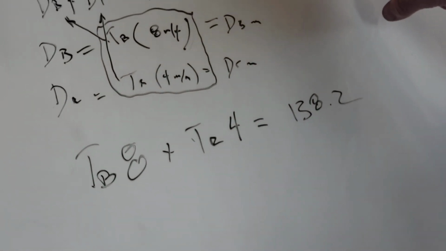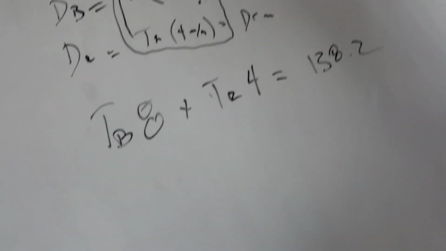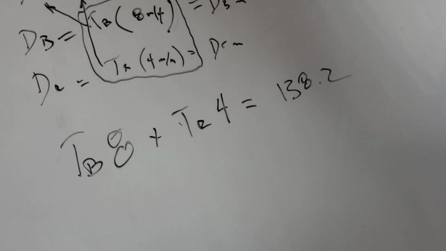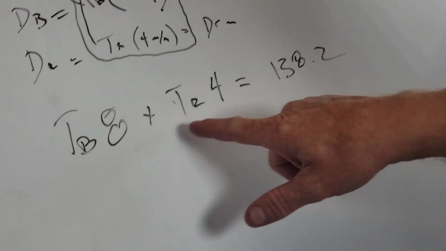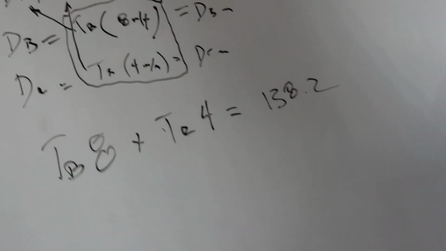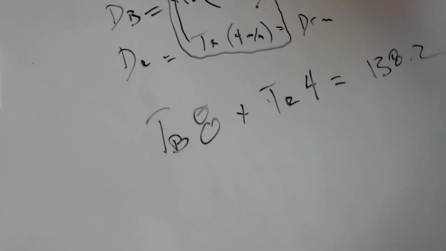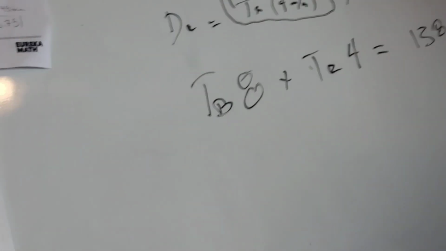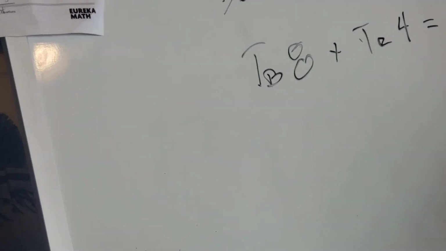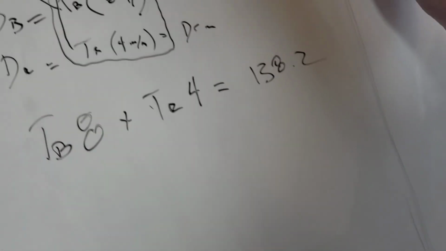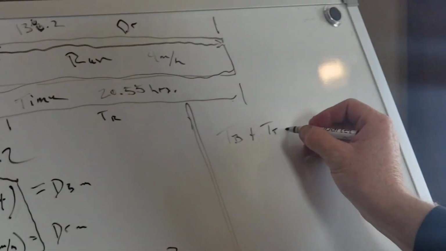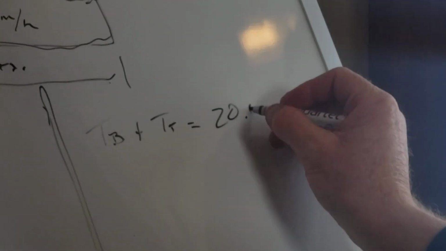If we weren't given a total time, we couldn't do it. You've got to put in the total time. What's the relationship between these two times? We have to do a whole separate equation over here. So time of biker plus time of runner is equal to 20.55.